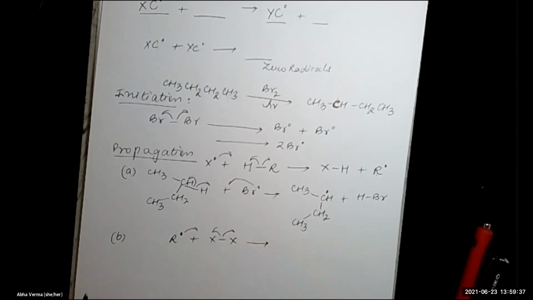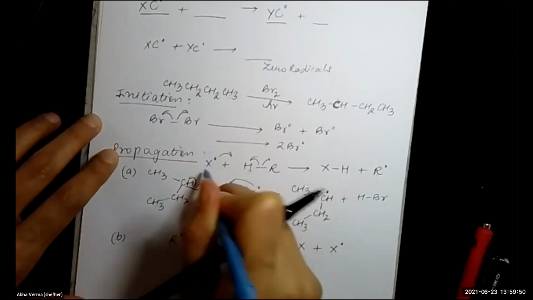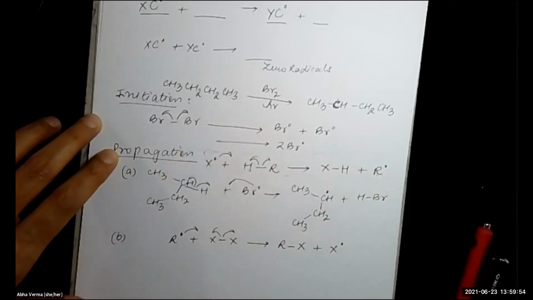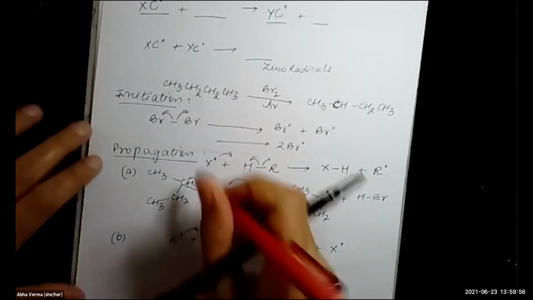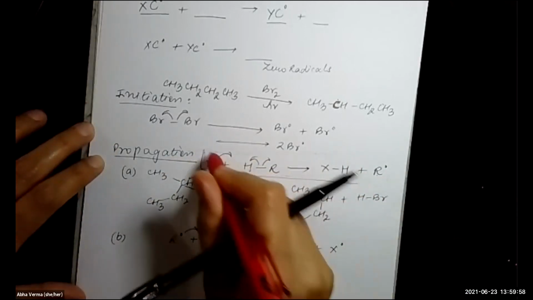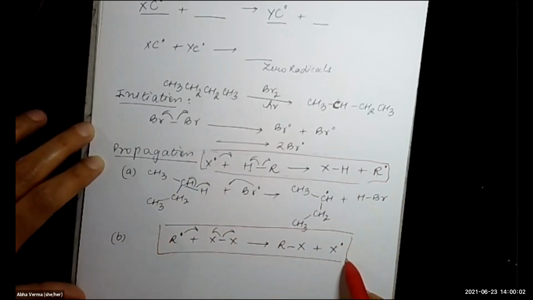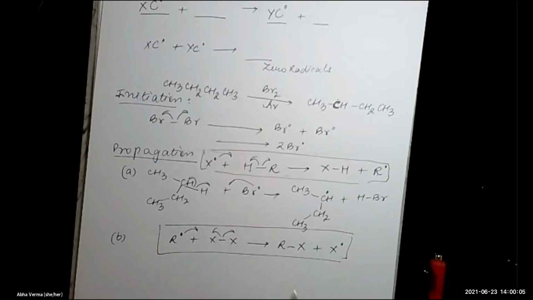This R goes towards the X, one of the halogens. What would I form? RX plus the halogen. So this is the common propagation step.